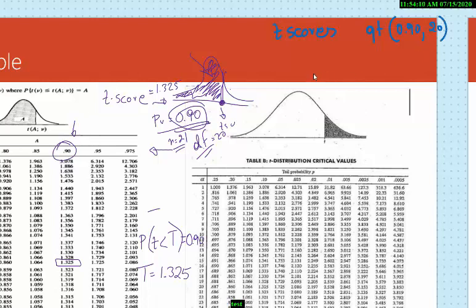If you want to find the corresponding probability for the t-score, then you would use pt, for example pt of 1.963, and then a comma, and the degrees of freedom.